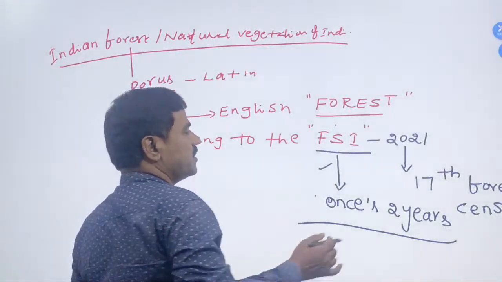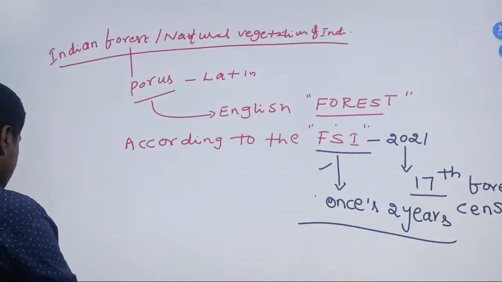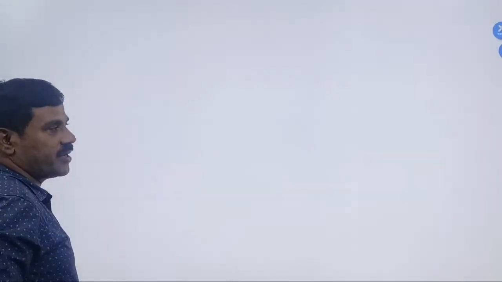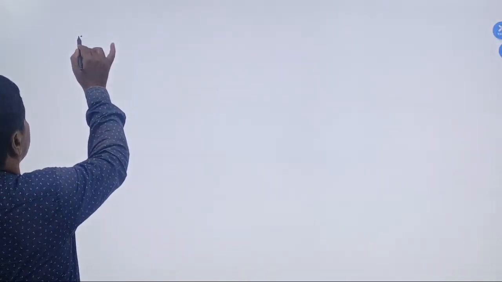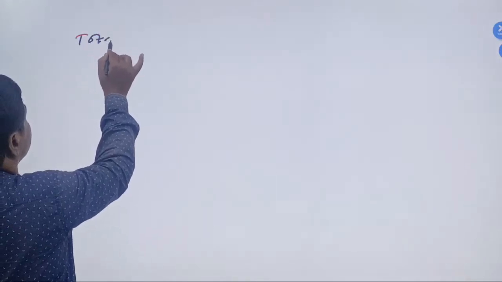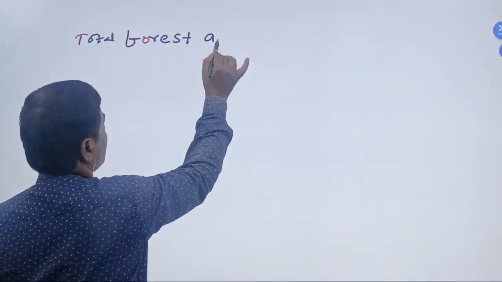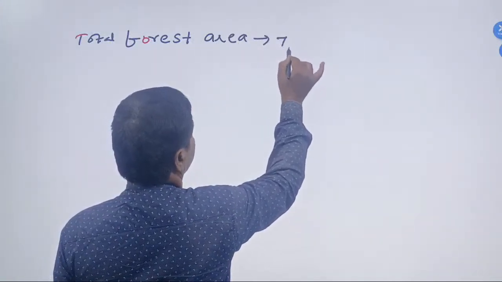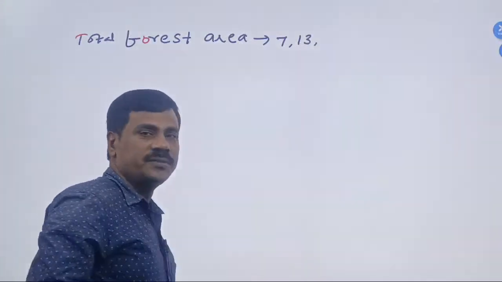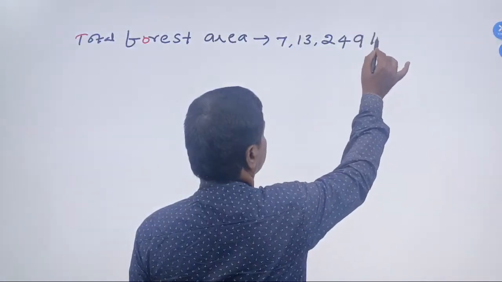According to this 17th Forest Census, what is the total area of the Indian forest? What is the total forest area in India? 7,13,249 square kilometers.